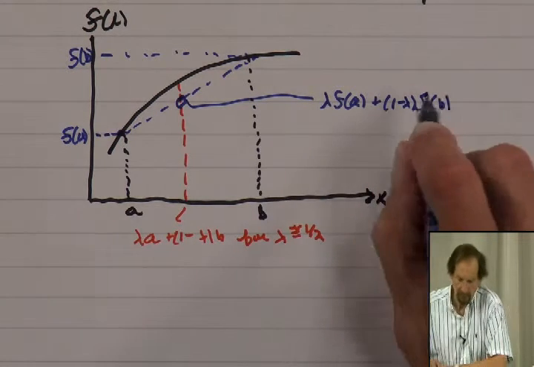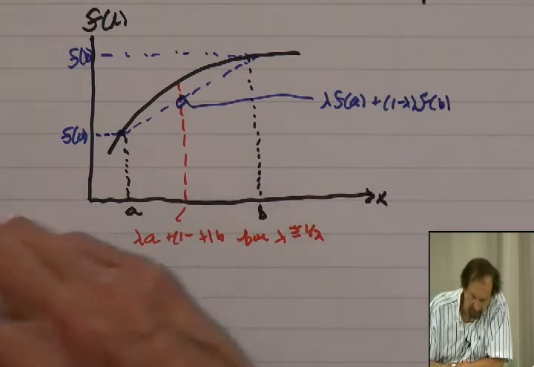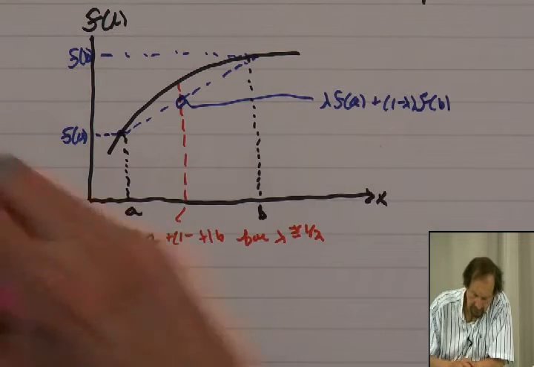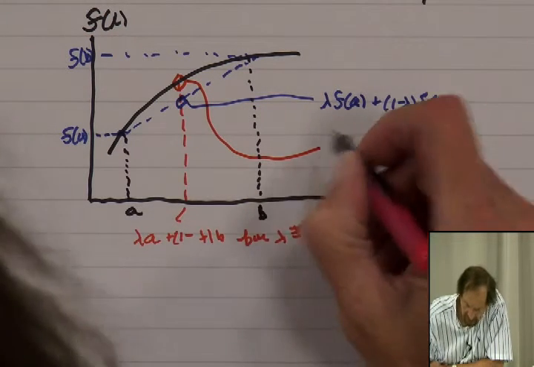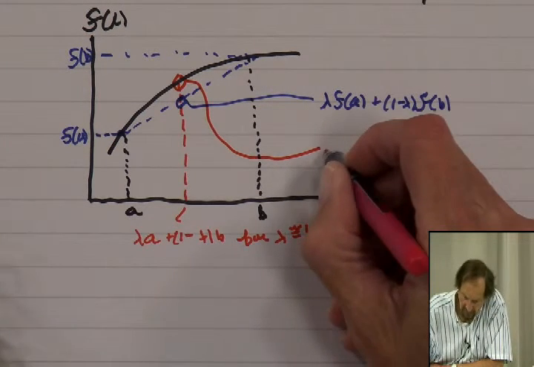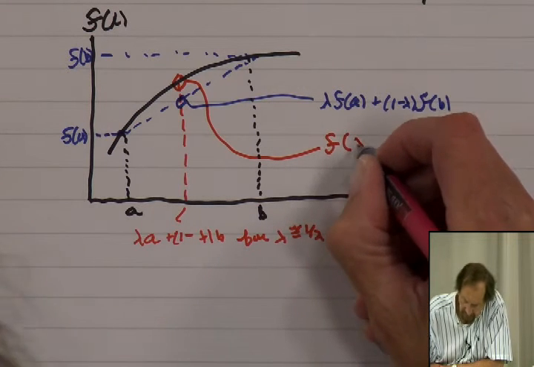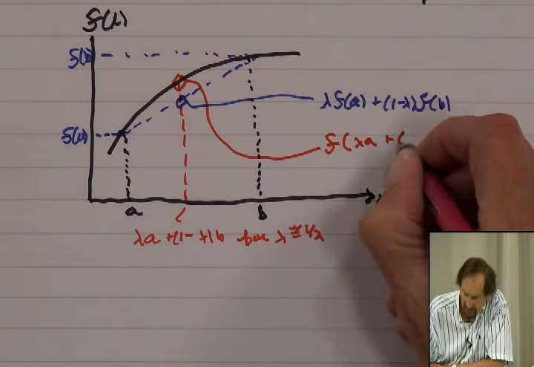Whereas, let's look on top, where we went on the curve. Now we have the point f of lambda a plus 1 minus lambda b.